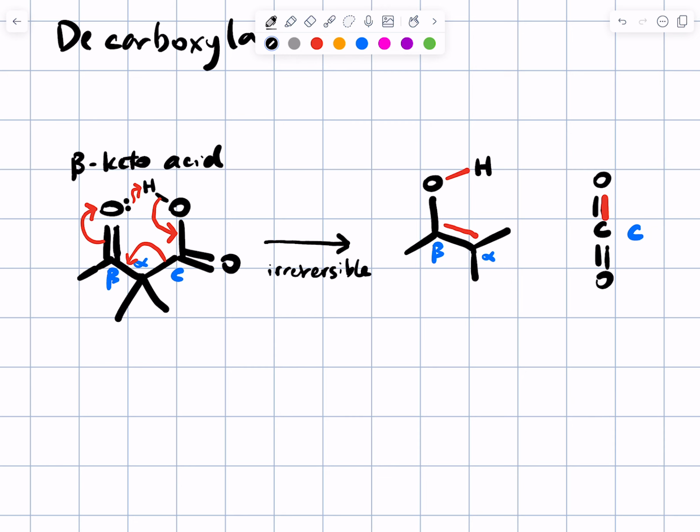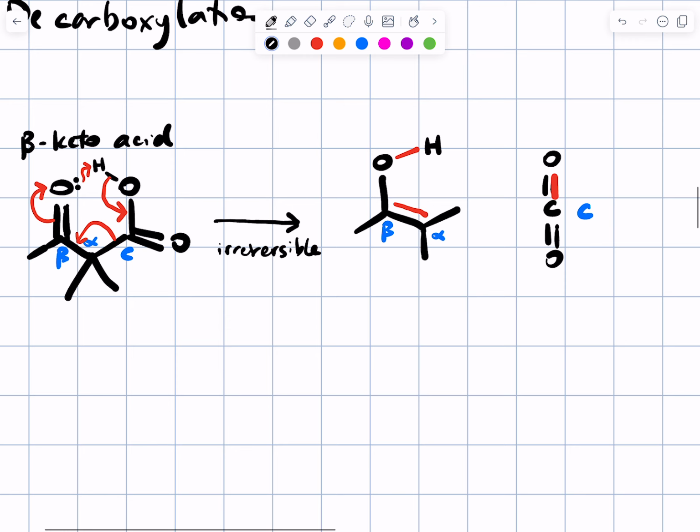Okay? So that's the decarboxylation step. It's called decarboxylation because we lose CO2, and that's irreversible. And this can happen anytime you have a carbonyl carbon adjacent to a carboxylic acid, or beta to a carboxylic acid.